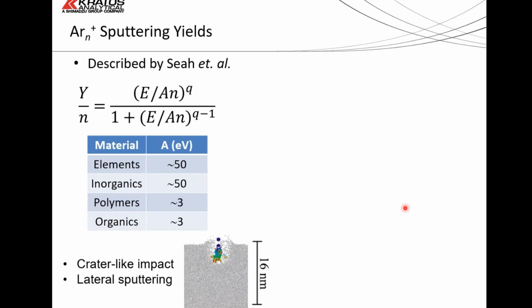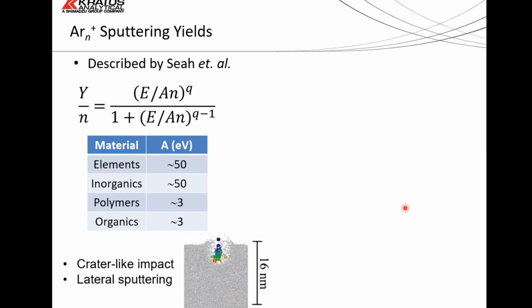Sputtering yields, on the other hand, for clusters are described by more complex relationships. These relationships were nicely described by Martin Seah and Steve Spencer at NPL. In this case, we're not looking at just the direct energy and surface binding energy relationship. The key parameter is really the energy divided by the size of the cluster, E divided by n, so the energy per nucleon in our cluster.